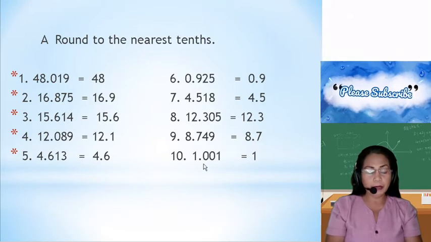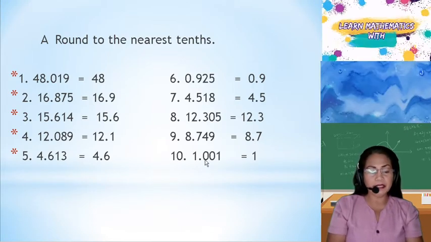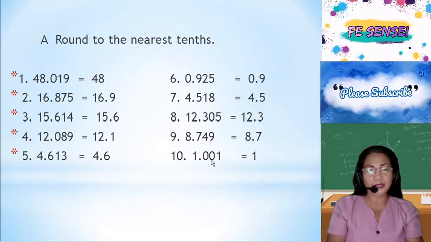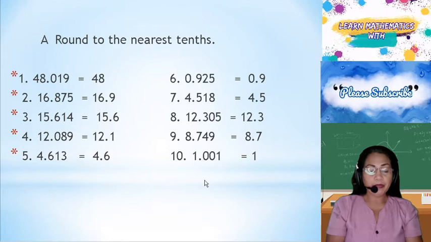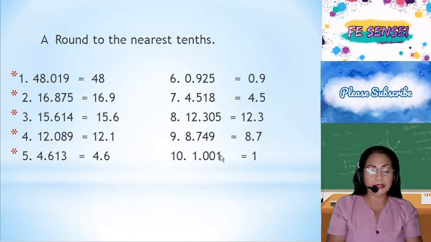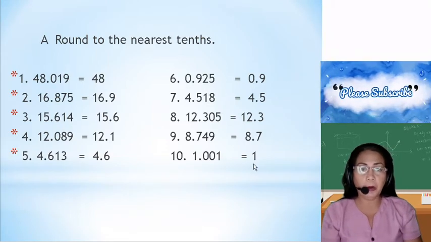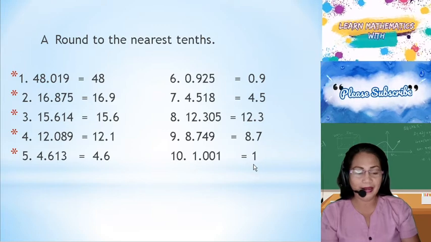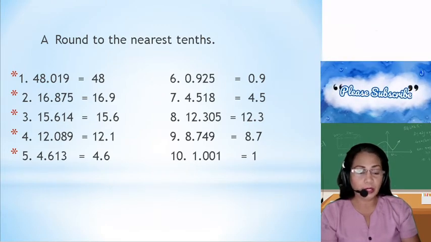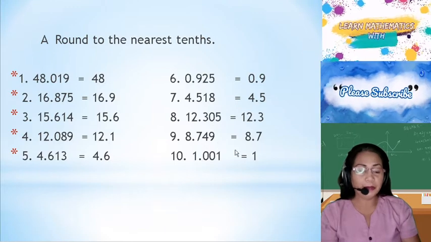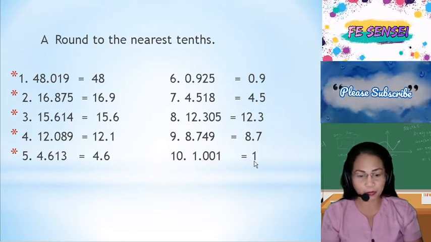And the last number, the number in the tenths place is 0. The number to the right is 0, less than 5. Therefore, drop this number and our answer is a whole number 1, or it's 1 and 0. So just write the whole number 1.